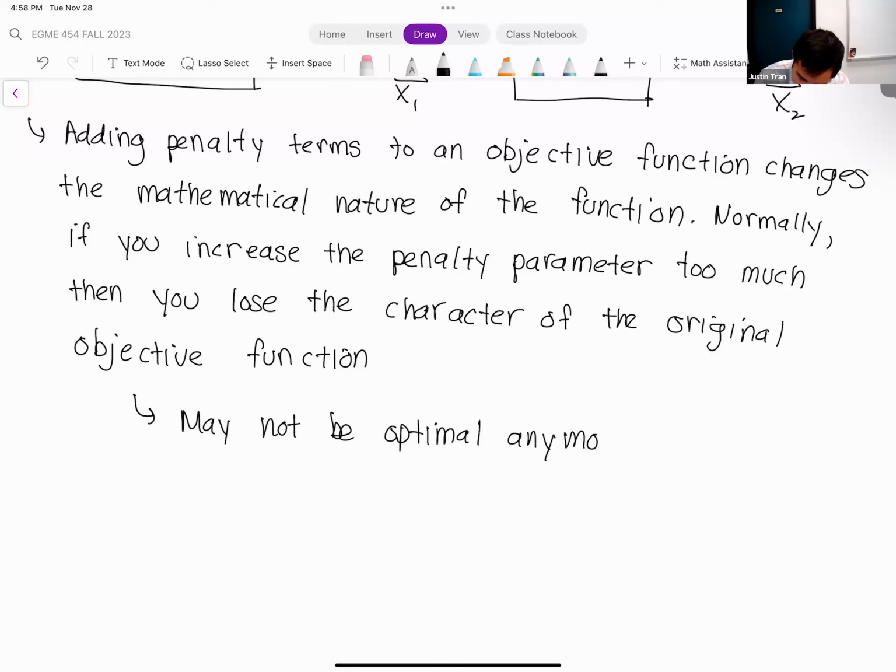Okay. And so you want to be careful with raising the penalty parameter too much, because you may not be optimizing the same function.